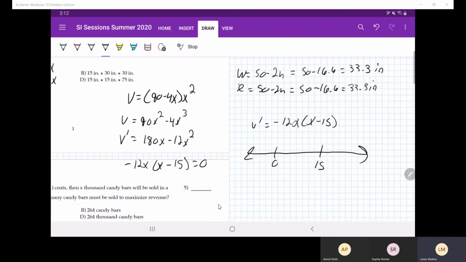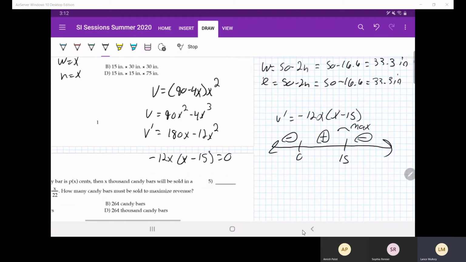So if you plug in a negative number, you have a positive and a negative over here, so that's going to be negative. You plug in 10, you have a negative and a negative, that's going to be a positive. Negative times negative. And now you plug in, like, say, 20. A negative and a positive, that's going to be negative. So we know right here, max, because it goes from increasing to decreasing.